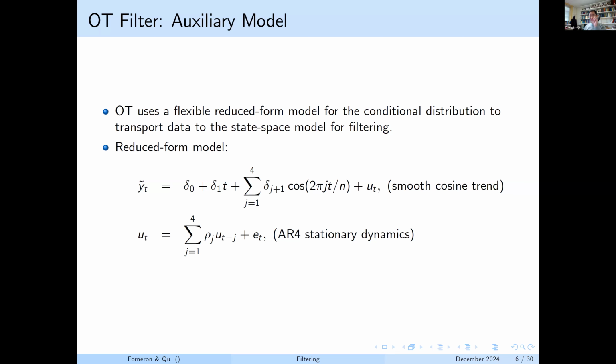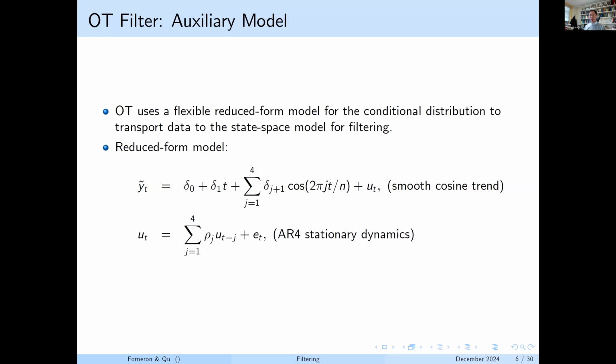Y_t contains an intercept, a linear trend, and the sum of two cosine components. The cosine components are intended to capture the smooth variation in the trend. Here we have 4 terms such that the shortest periodicity is about 20 years, so that we don't confuse the trend with the cycle.